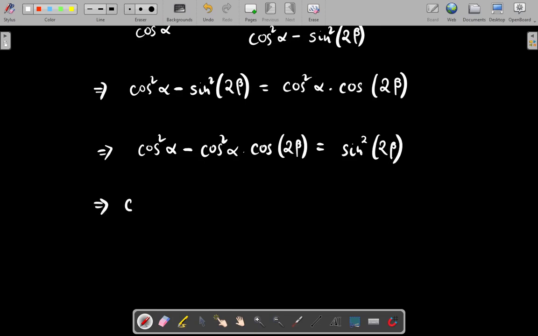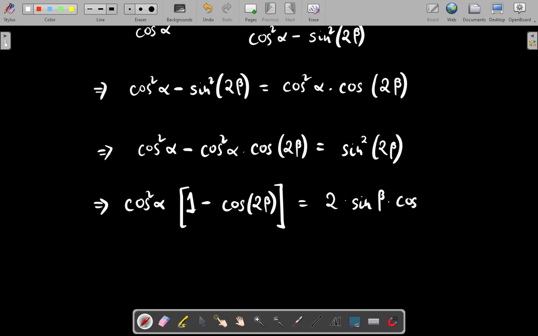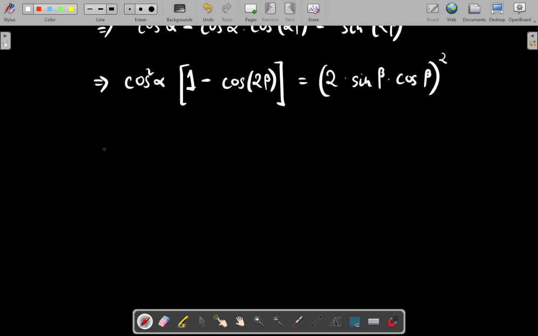If I take cos square alpha common, this becomes 1 minus cos 2 beta, and sin 2 beta is 2 sin beta cos beta, and this is squared. So this now becomes cos square alpha, and 1 minus cos 2 beta is 2 sin square beta, so the left side becomes 2 sin square beta, and the right hand side becomes 4 times sin square beta times cos square beta.